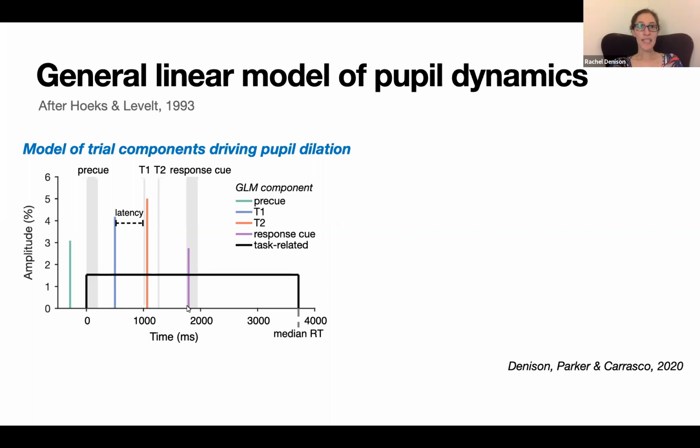So the idea here is that the neural event driving the pupil could actually occur before T1, and that's possible in this task because the timing of trial events is predictable. So we allowed in this case for both positive as well as negative latencies. And again, negative latencies mean that the neural event driving the pupil could anticipate the stimulus event. So we call these stimulus-associated delta functions the stimulus-related components of the GLM, and again, these are shown in these colored lines here.